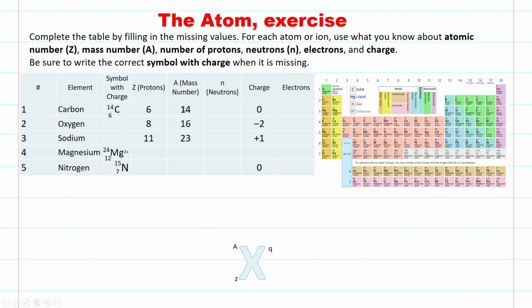And we know that the mass number is the total number of protons plus neutrons.